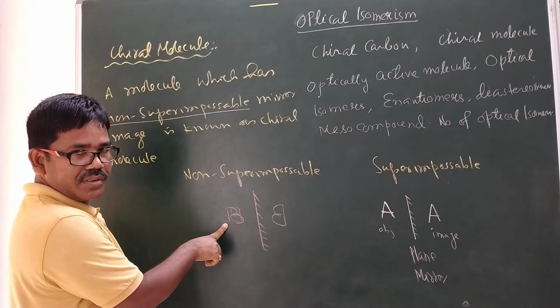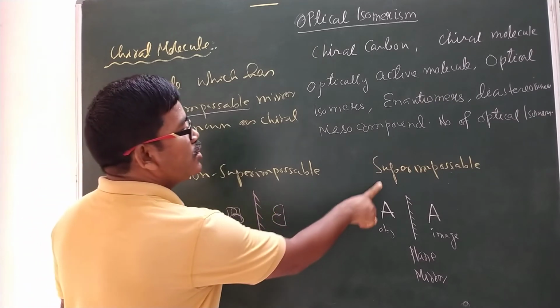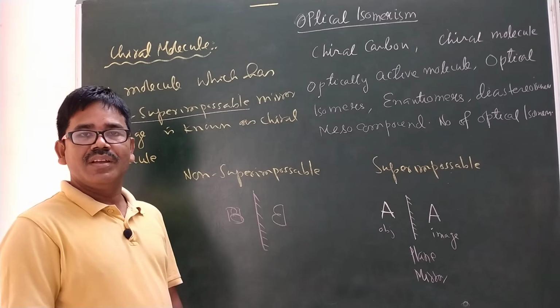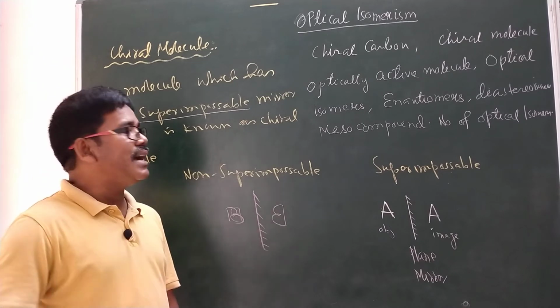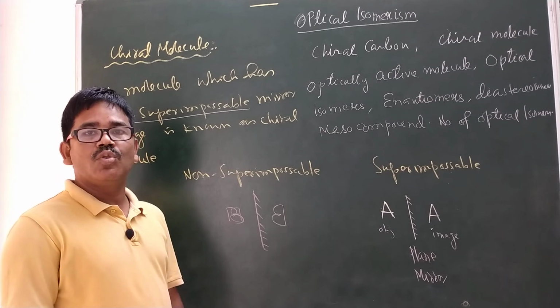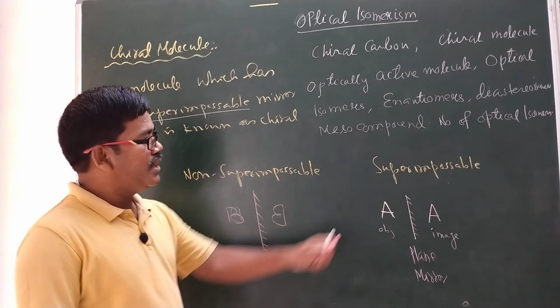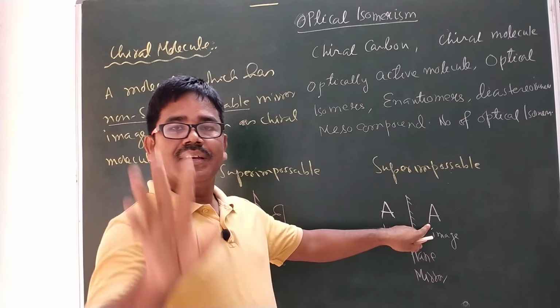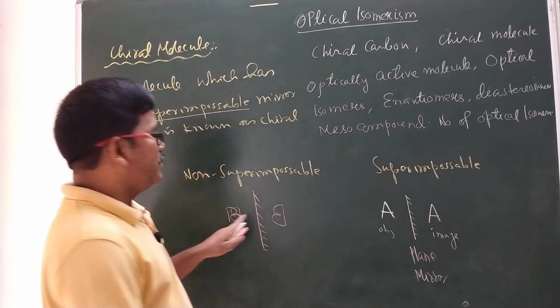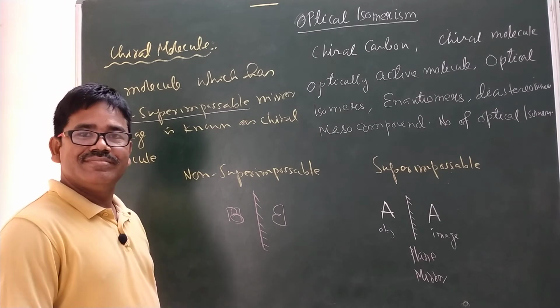Would you follow my point? This case is called superimposable, identical. Object and image are identical here, but here objects and images are non-identical.